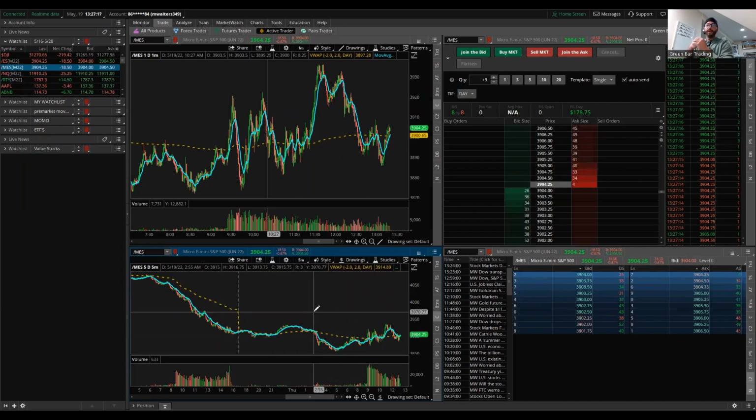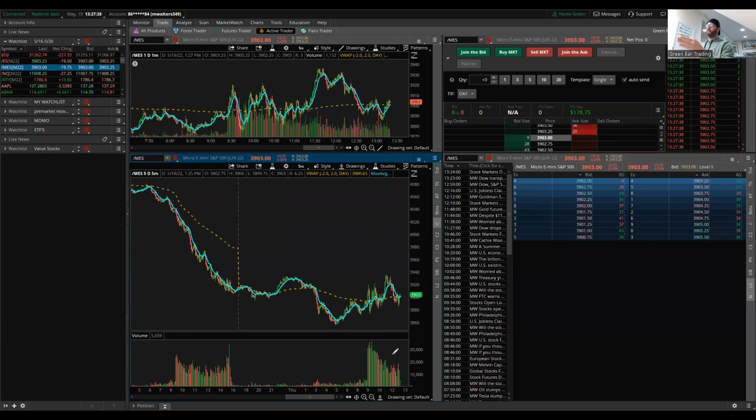So one way I trade the SPY is I use the Micro E-mini futures. Now, when I'm using this product to trade, I need to know where those pre-market highs are and where the pre-market lows are. So when I make this a little bit bigger, this is a 5-minute down here. Right here in the pre-market, we have highs right around that area there.